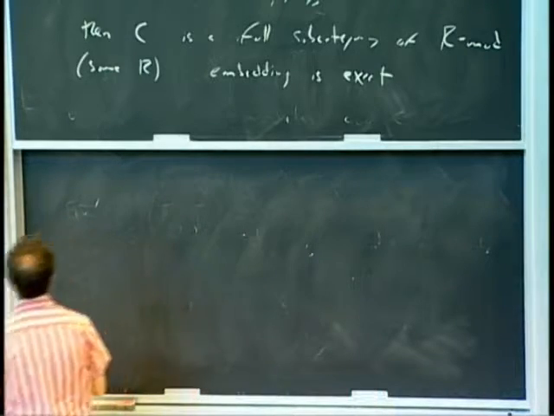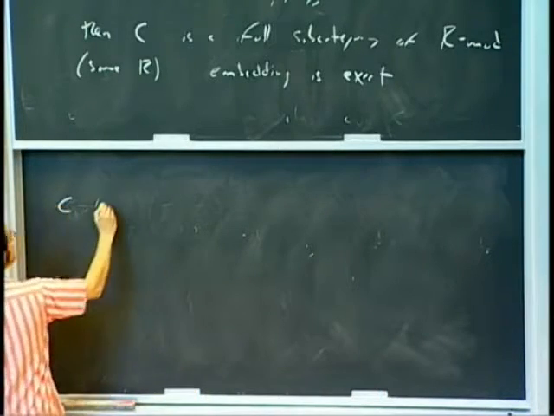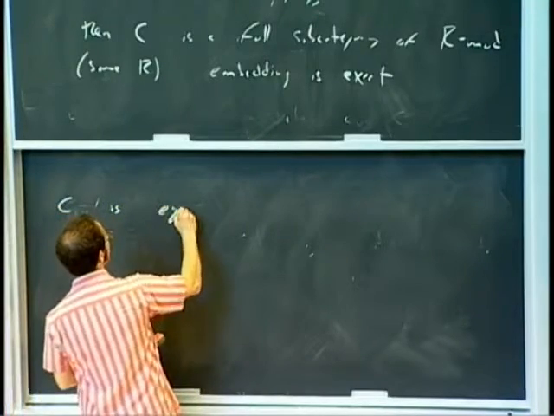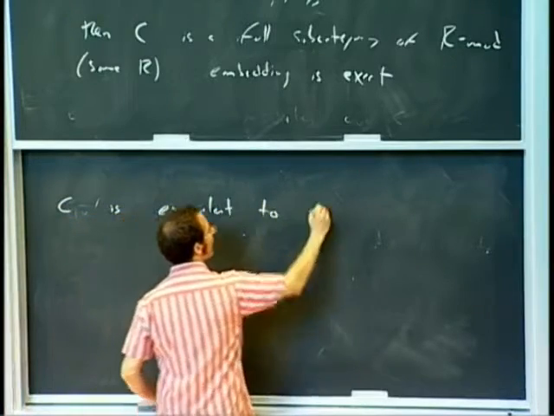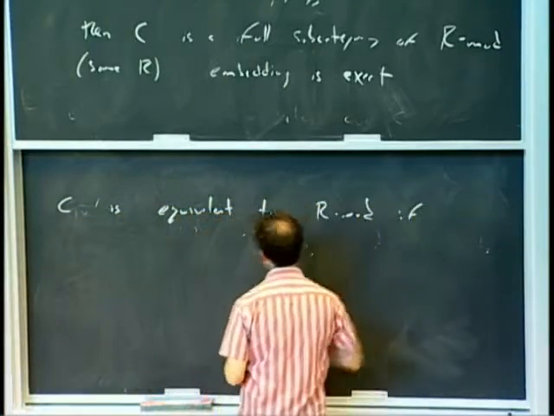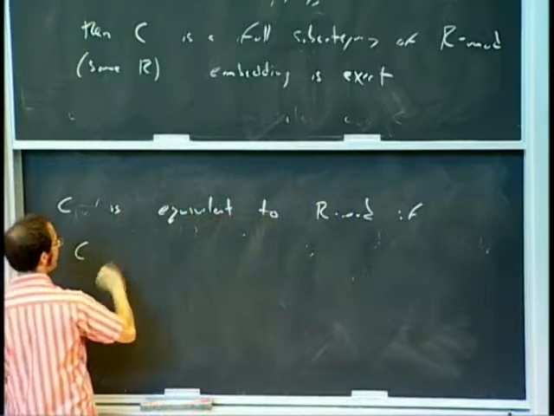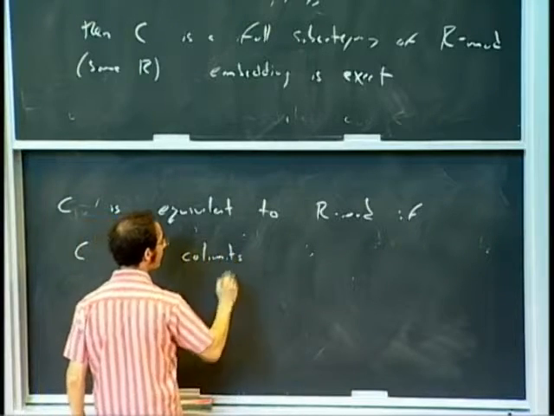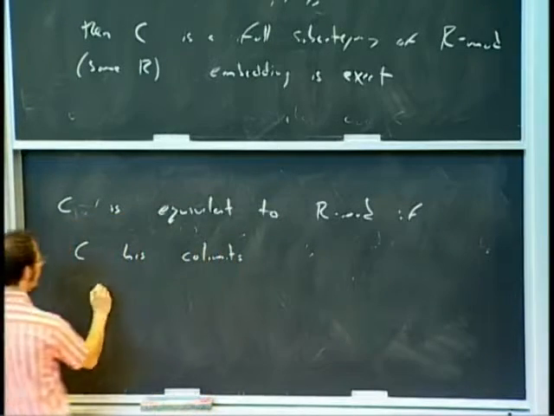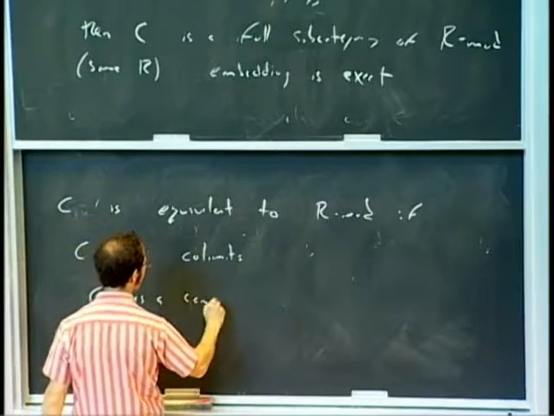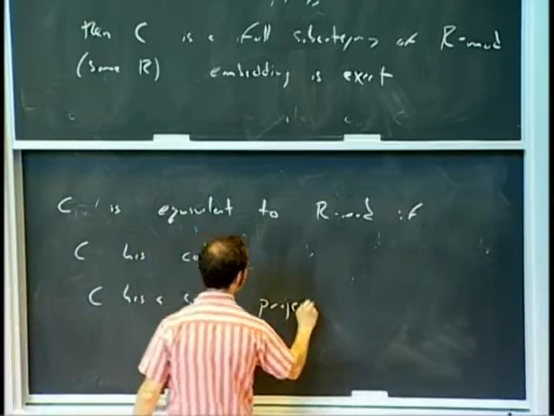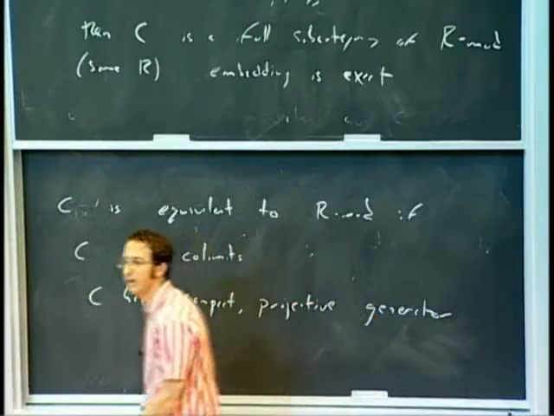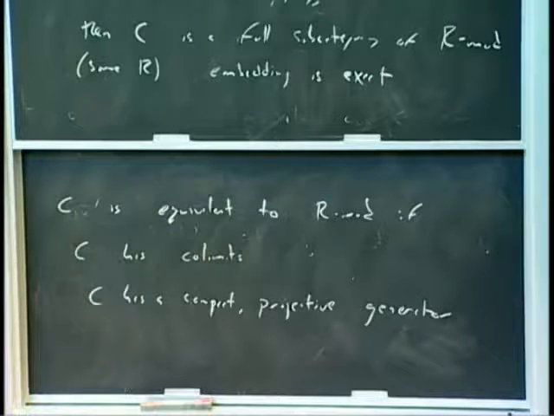So there's an extension of this, which is that C is equivalent to the category R-mod if C has colimits and C has a compact projective generator.